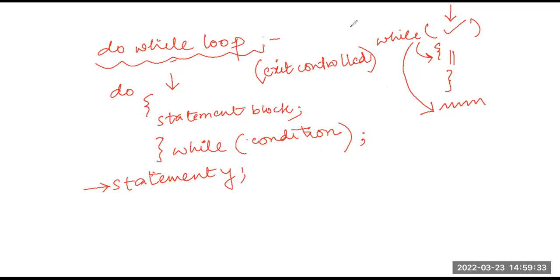Okay. अच्छा, ये तो गया while और do while. इसके बाद मेरा आएगा for loop. Okay. अब पहले for loop का थोड़ा construct लिख लेते हैं. Okay.